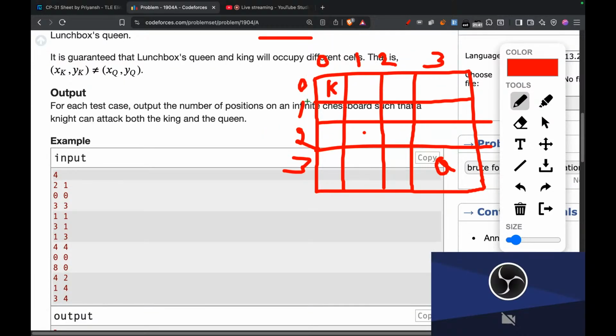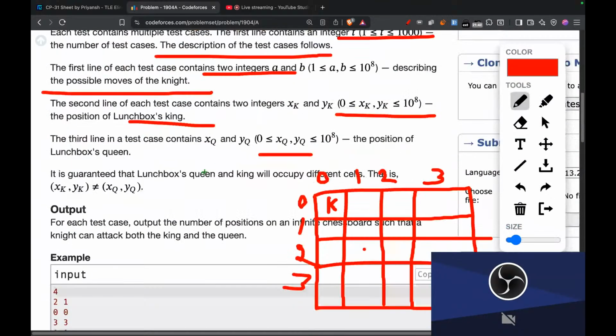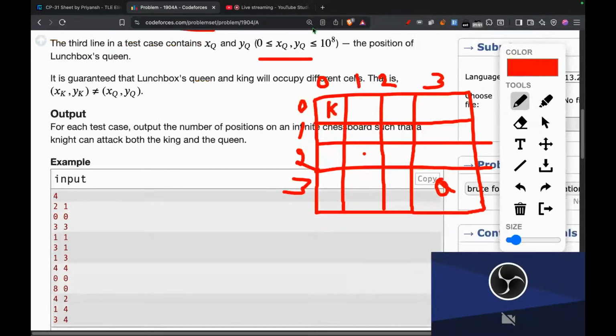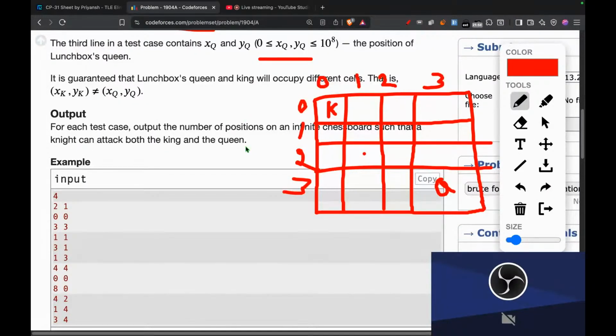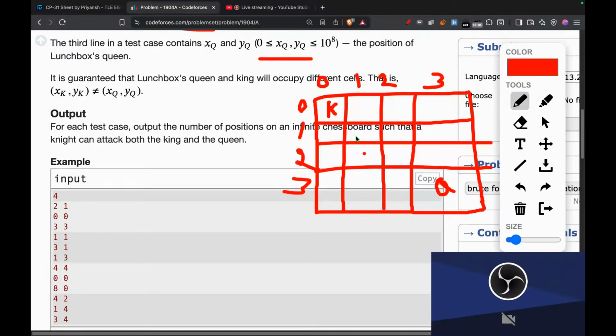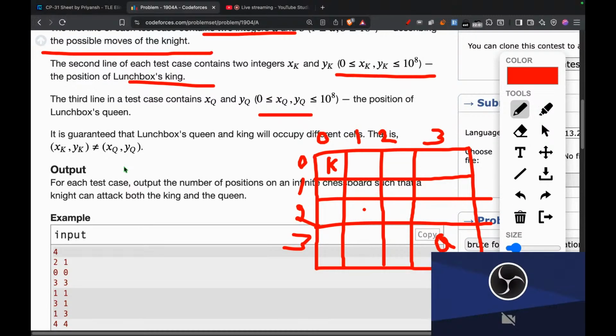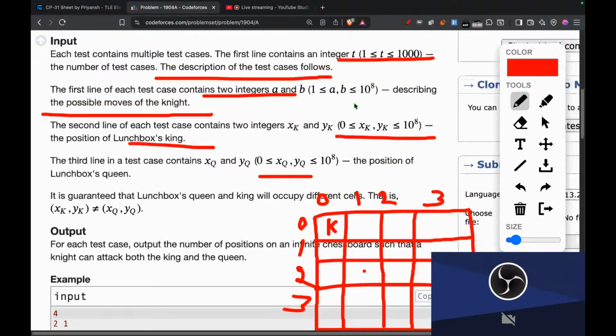So let's suppose I drew this matrix and we have the king. The first one is king, right? So the king is at (0, 0), and the queen is at (3, 3), and the possible movement for our knight is a, b, describing the possible move of the knight.